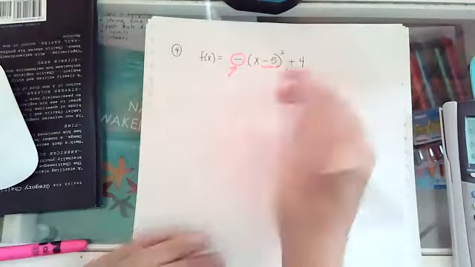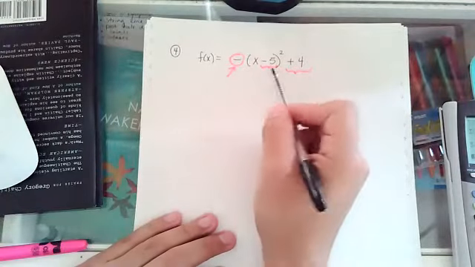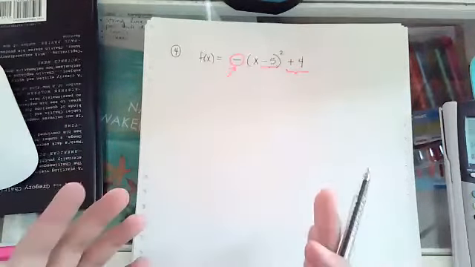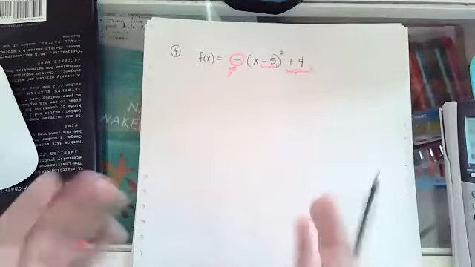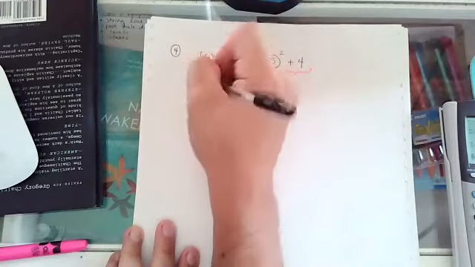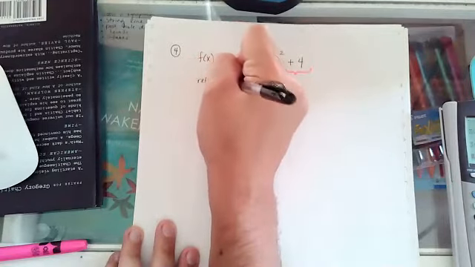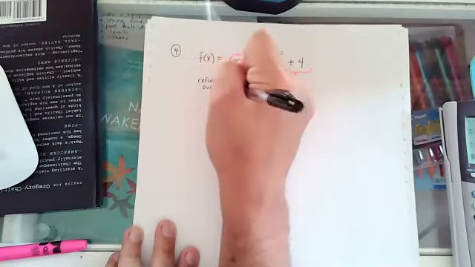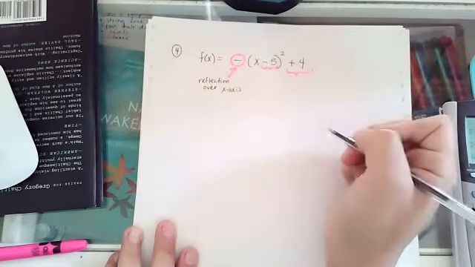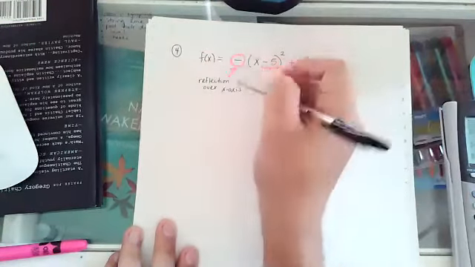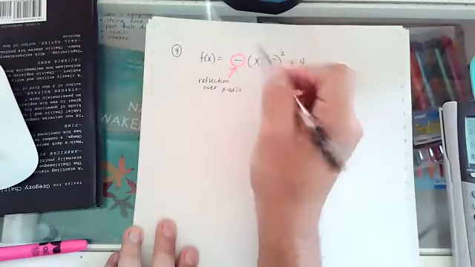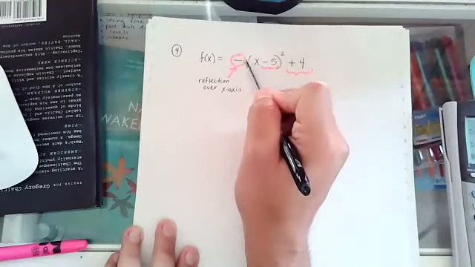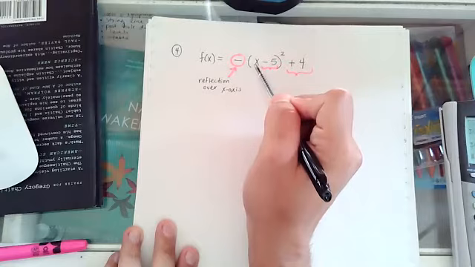So what I do is I literally highlight the things that have been changed compared to the parent function. I say, okay, based on the rules, if I throw a negative here into the function, that's a reflection over the x-axis. So you're absolutely right about that. We're not multiplying anything by the input or output, so there's not a number here being multiplied by the x.